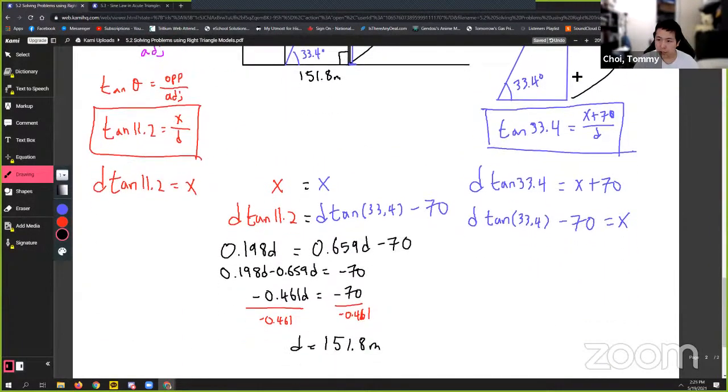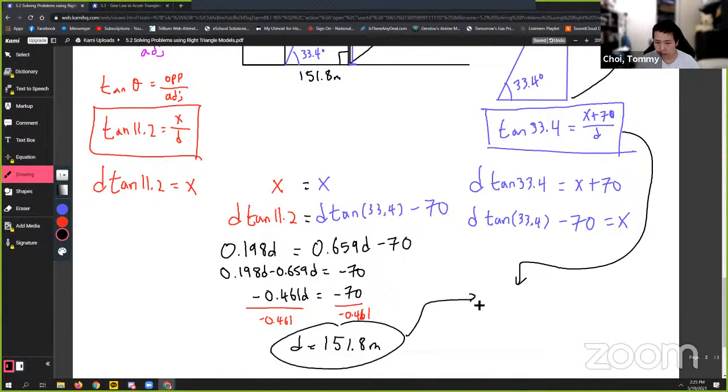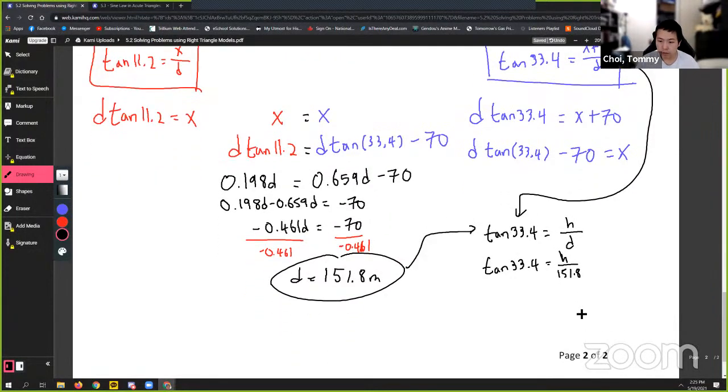And so when we actually plug it in here, using this equation, we get to use this again, and we plug this into here too. So tan 33.4 is equal to h over d, where tan 33.4 is equal to h over 151.8. And you can now solve for that.